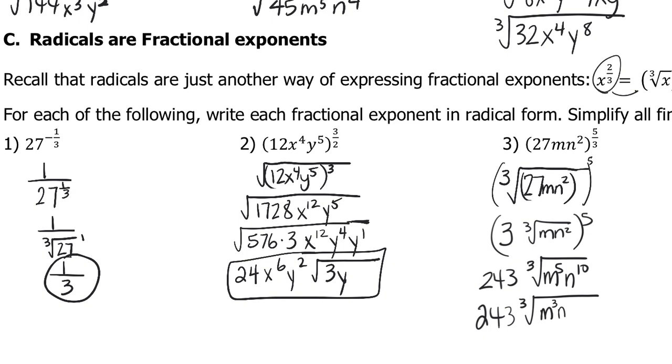So this will be m cubed, m to the 2, n to the 9, n to the 1. Sorry, that should have been m's at the beginning there. So I've got 243 m, n to the 3, and I leave a cube root of m squared n inside of there. Okay, so you can go ahead and practice.